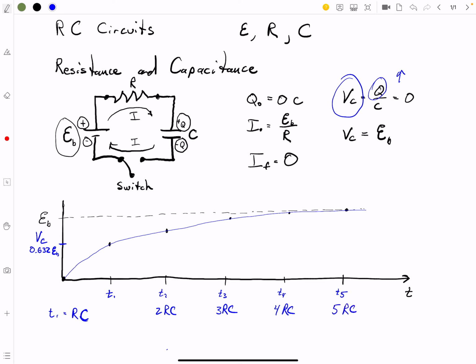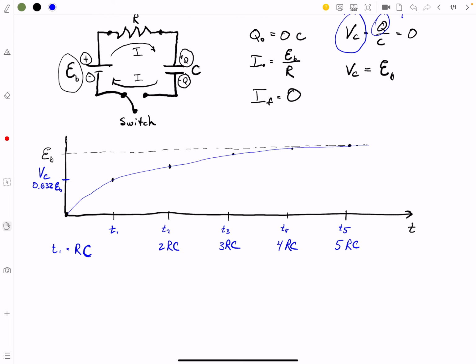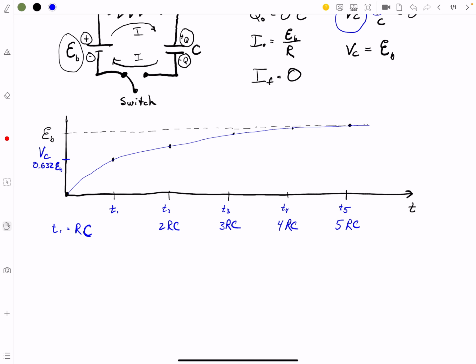It'll keep going, never quite reaching 100%, and here's why. Calculus is involved in finding this equation, so I'm going to do the equation without proof because we just can't.